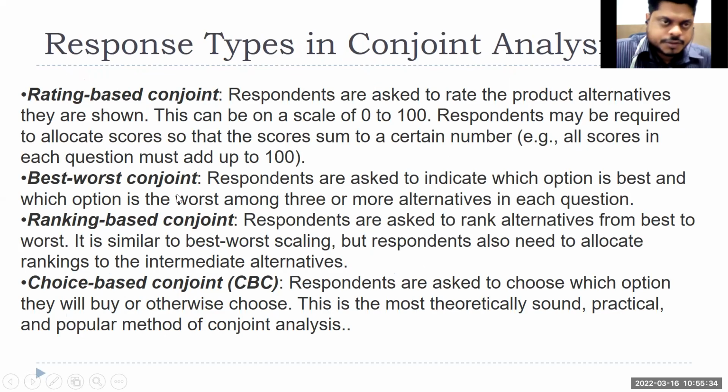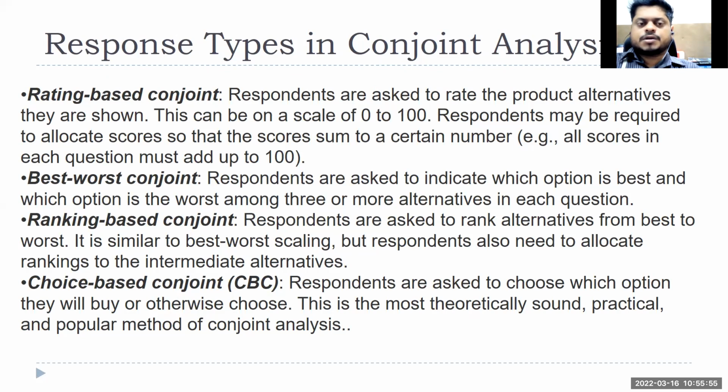So different types of conjoint. Rating based, I just showed you. Rather than asking which shoe they will select, we are asking the customer to rate each of the product concepts of different shoes on a rating scale of 1 to 10. It can be 0 to 100 also.